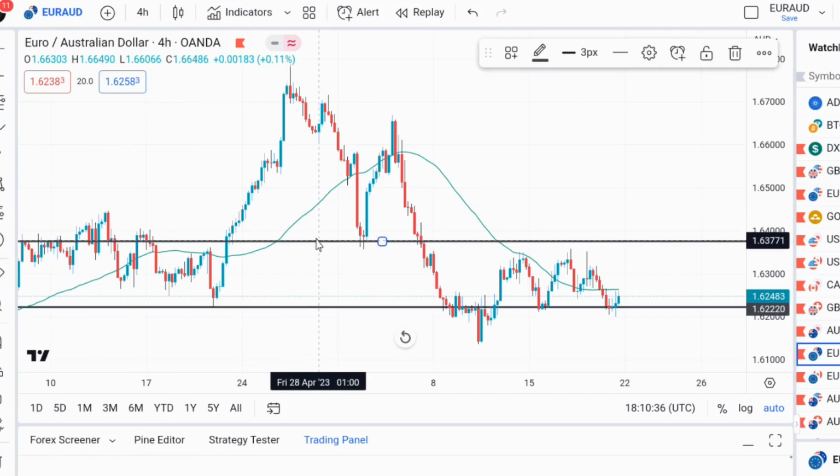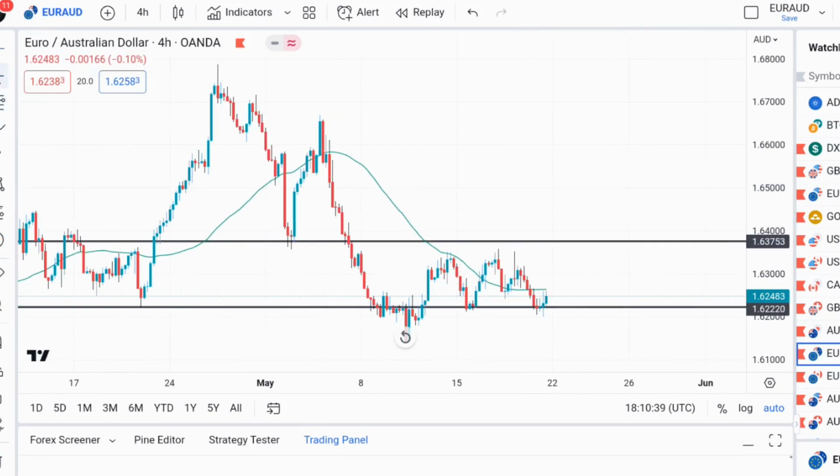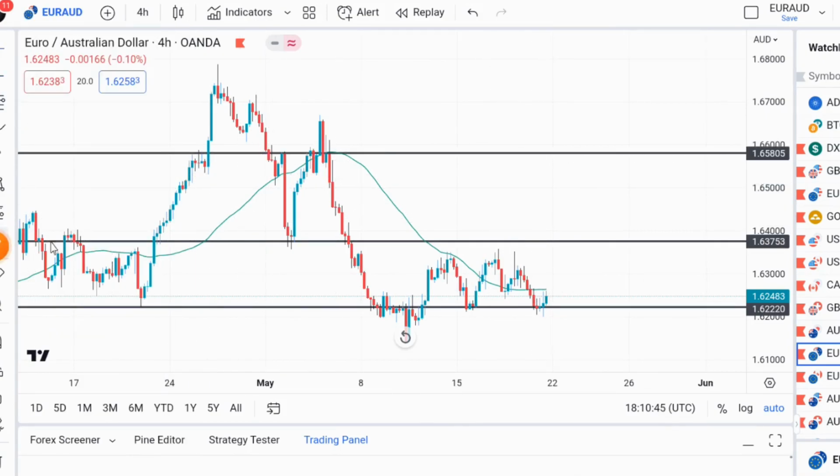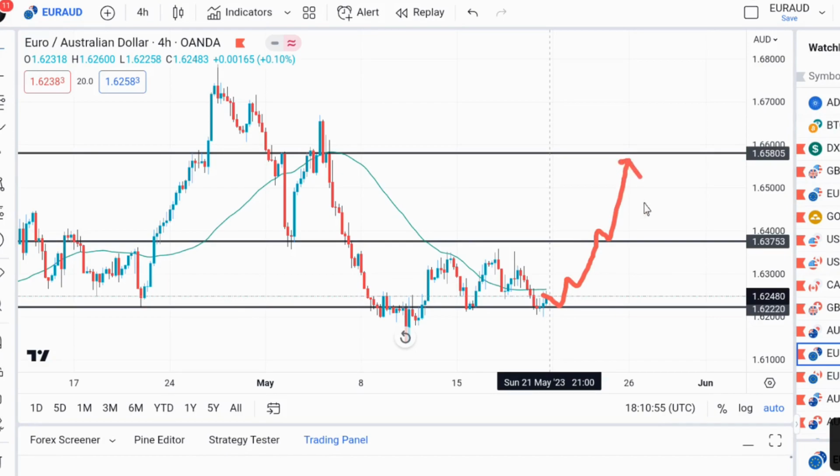This might actually be the first take profit, and then this zone as the second take profit. So I'm looking for Euro AUD to hit 1.63755, and we might see a breakout to 1.65805, and then the safe zone might be some pips below this particular area right there.